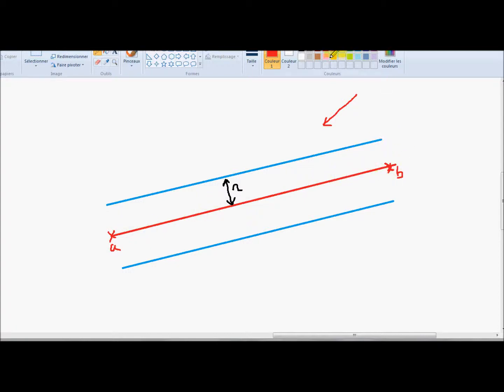Once my boat has gone after B, so as soon as it is inside the hatch area, then it will switch to another line. For instance, this line, and after it could be this line, and so on.